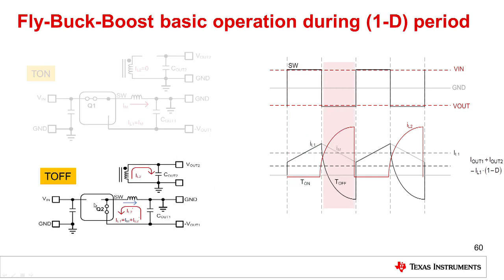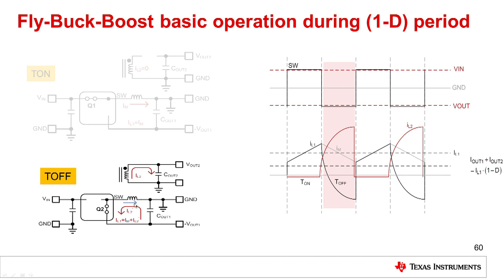During the next part of the cycle, transistor Q1 is turned off and transistor Q2 is turned on. In this case, the voltage across the inductor is equal to minus Vout of the primary. Also, the polarities are such that the diode is turned on on the secondary side. So secondary side load current flows through the secondary and is reflected into the primary.